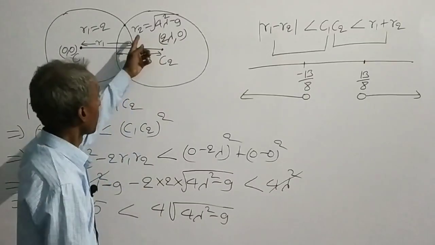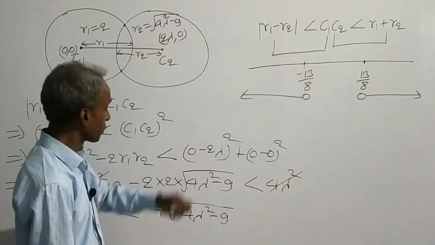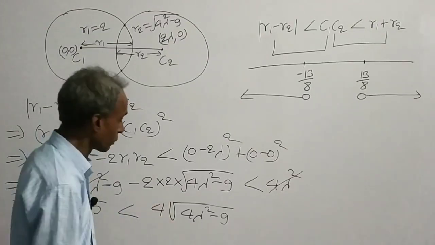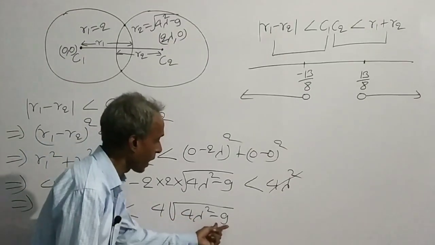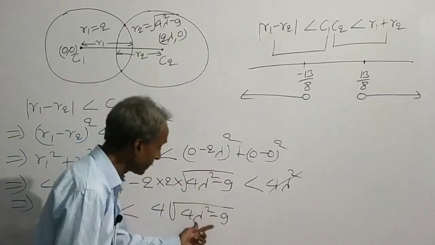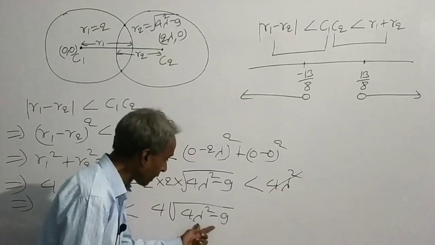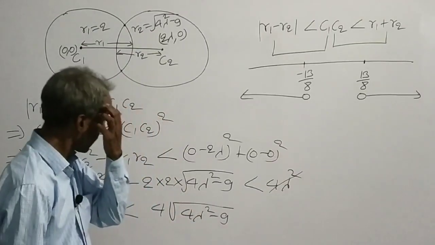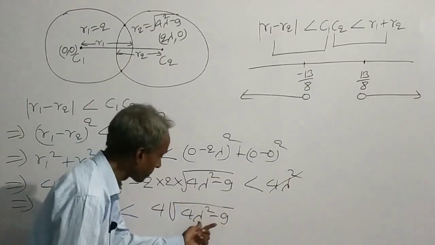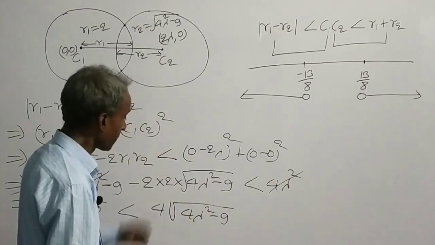Therefore, R2 should not be equal to 0. That means 4 lambda square minus 9 should not be equal to 0, but it should be real. Real means the square root of this should be real and positive.